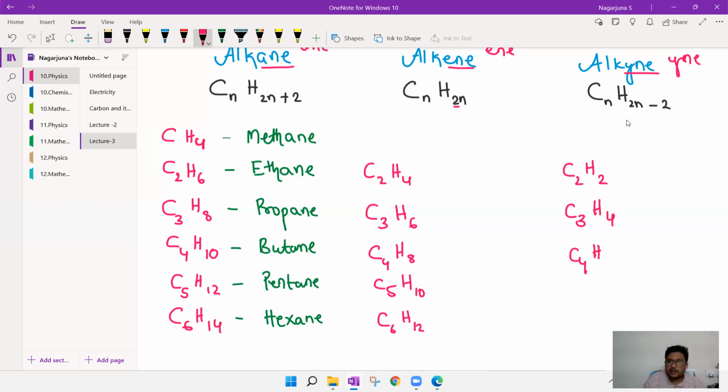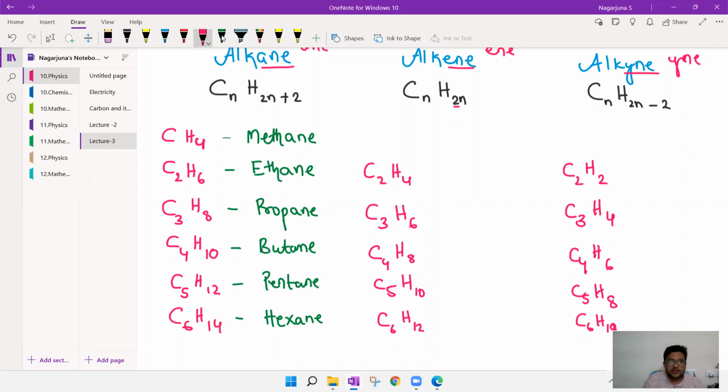C4H, 2 4s 8, 8 minus 2, 6. C5H, 2 multiplied with 5, 10, 10 minus 2, 8. C6H, 12. If you substitute 6, it becomes 12, 12 minus 2, 10. C6H10.